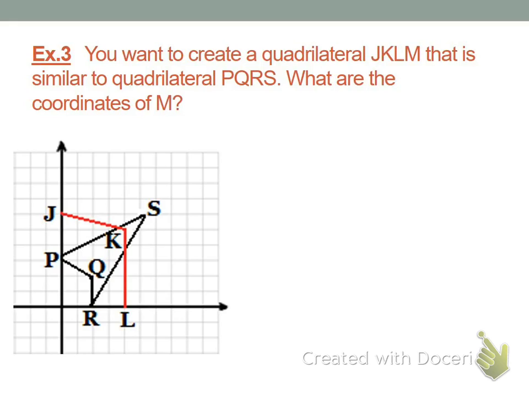Do we have any sides that we could already compare that are supposed to be proportional to each other? JL is not a side of that quadrilateral. JK and KL are sides of one quadrilateral. Ari?